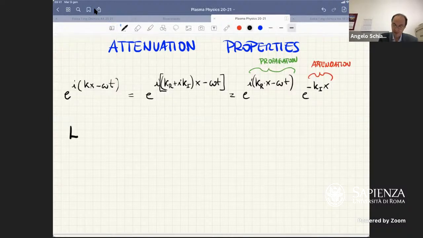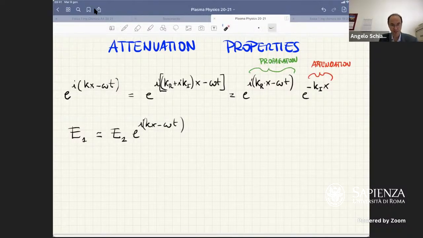The electric field of the wave is an amplitude times a function of kx minus omega t, where this is the amplitude and maybe a phase, and this is the part describing the propagation of the plane wave. If you think about the intensity of the wave, the intensity is proportional to the square of the electric field.